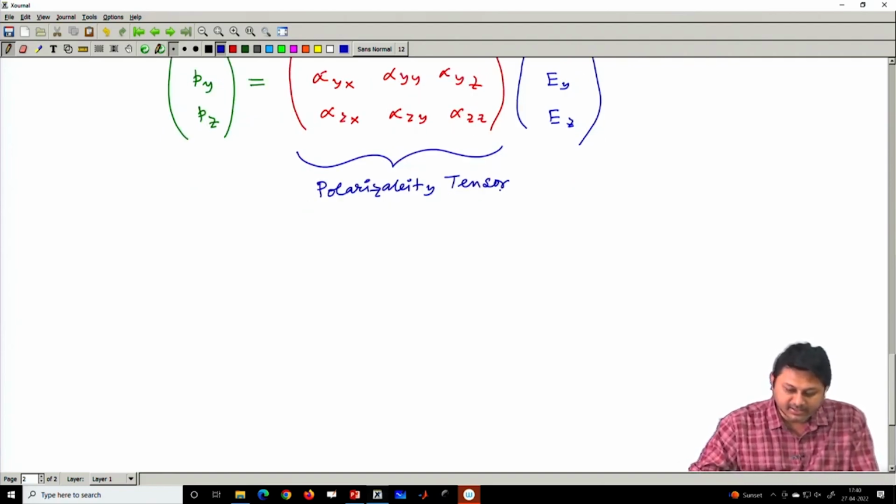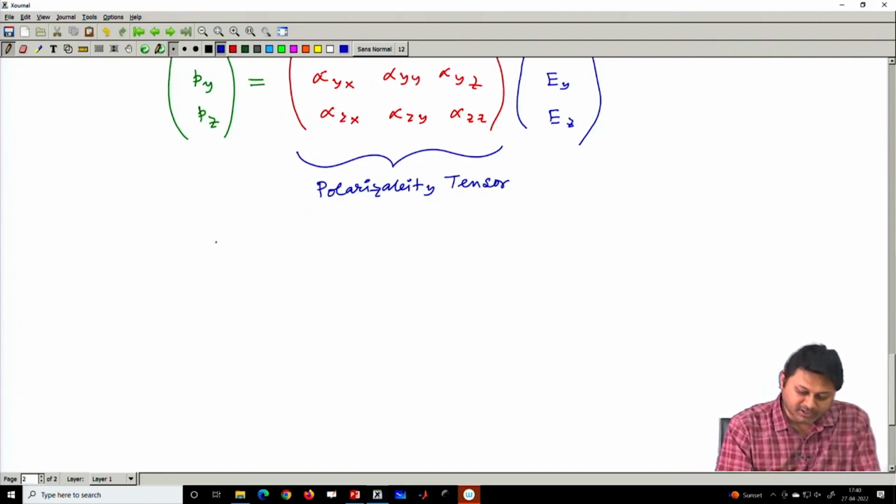And I can write it in this convenient form, called component form. P i is simply alpha i j E j. In Einstein notation, the summation is over the repeated index.